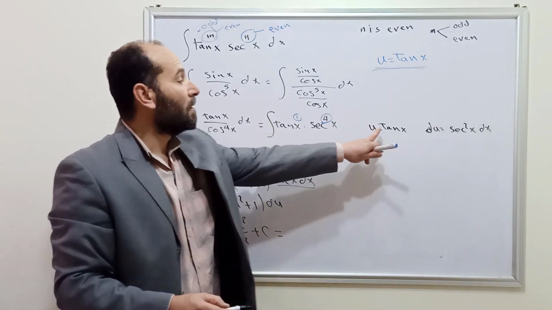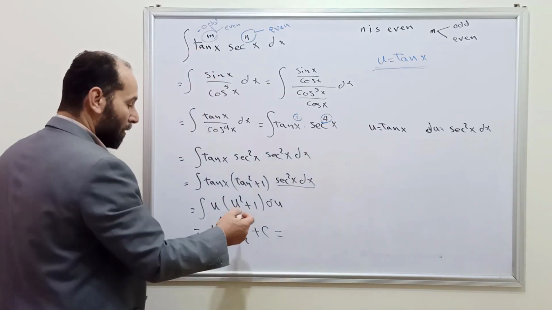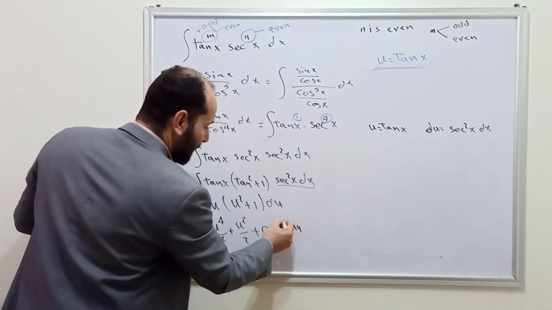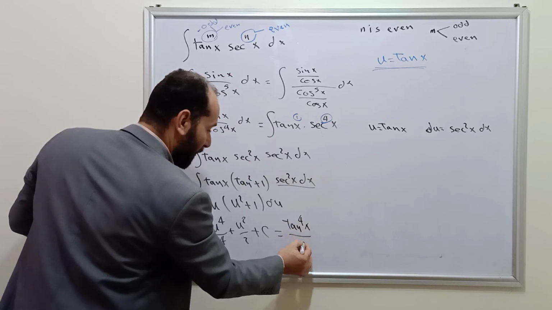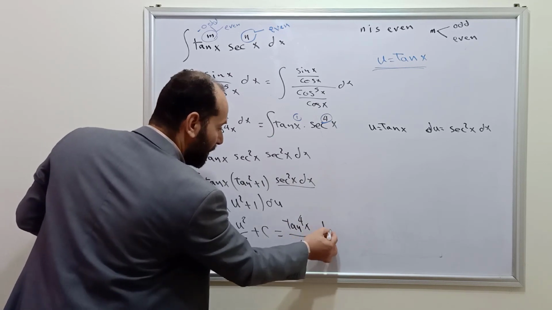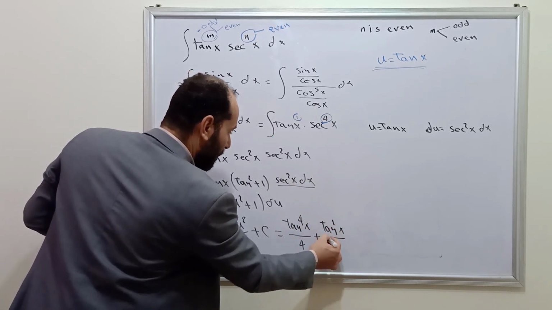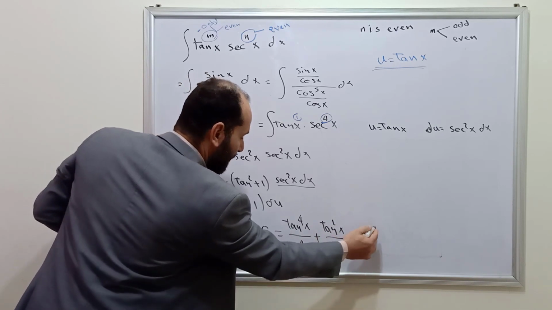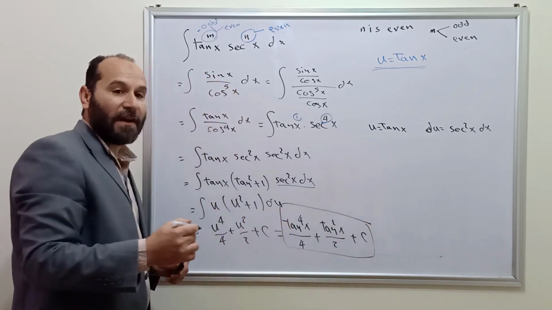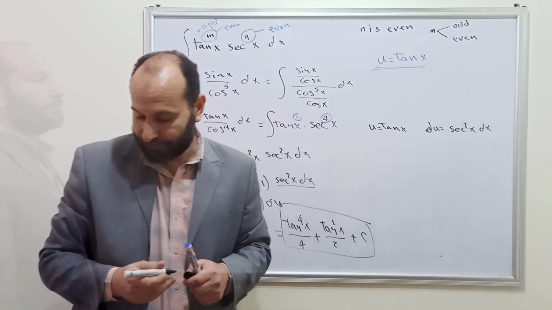We put tan x instead of u: tan power 4 x over 4 plus tan squared x over 2 plus c. This is the value of the integration.